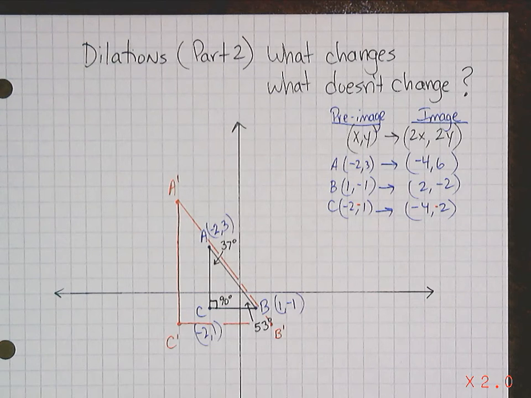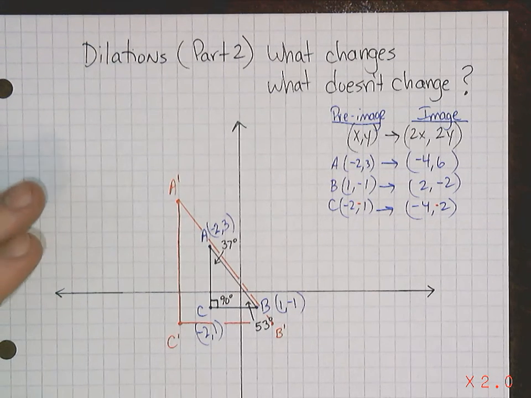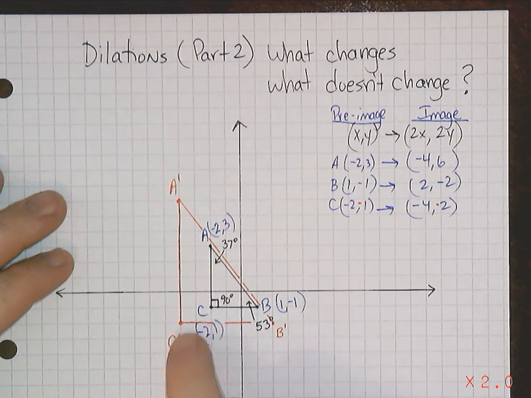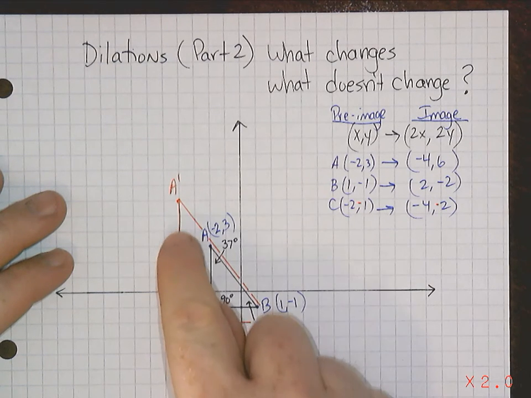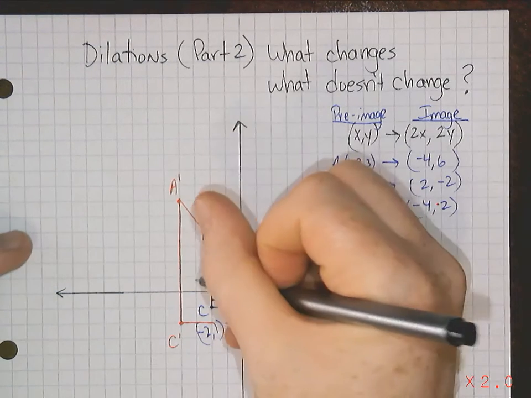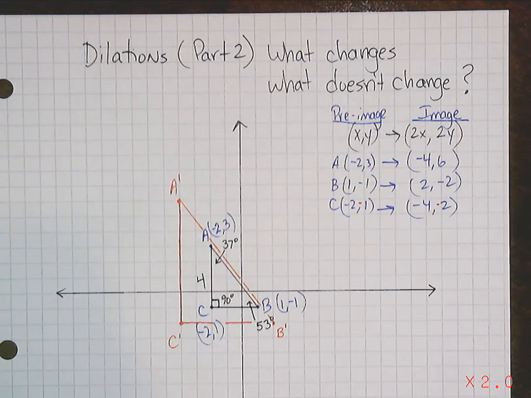Now, the point I'm trying to make is what changes, what doesn't change. Well, obviously the length measurement is going to change. It went from a 4 to a 1, 2, 3, 4, 5, 6, 7, 8. So you had a measurement of a 4 here to now a measurement of an 8.